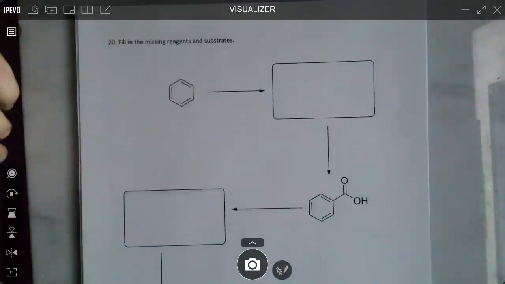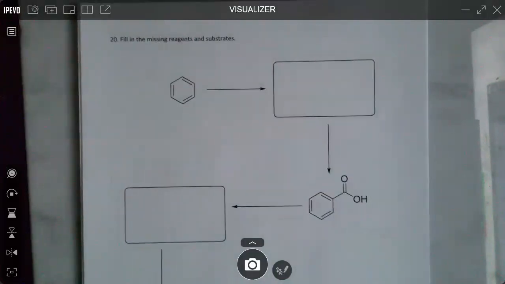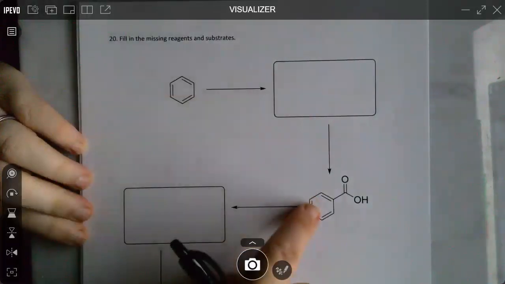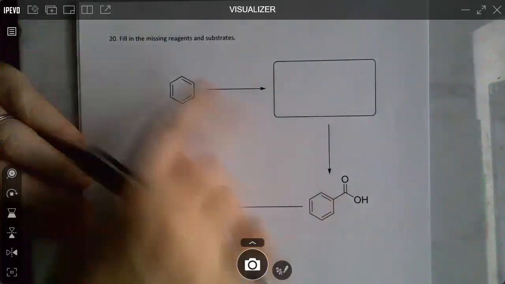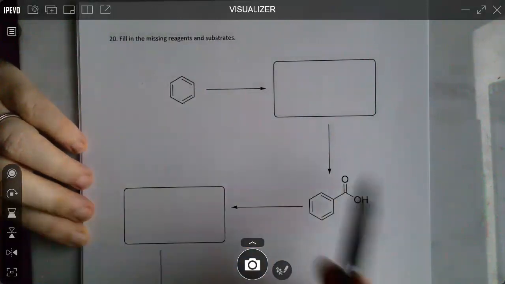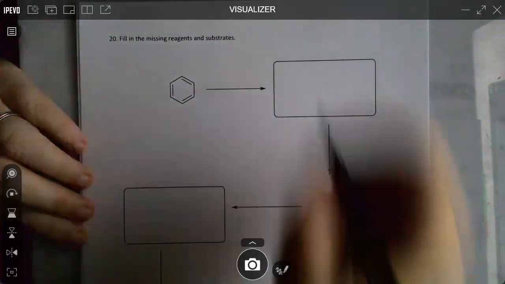Next, we have fill in the missing reagents and substrates. So we have a 2-step process to introduce a carboxylic acid to replace the hydrogen. So the way we can do that is through introduction of an alkyl group that has at least one benzylic hydrogen, and then it can be oxidized up to the carboxylic acid.